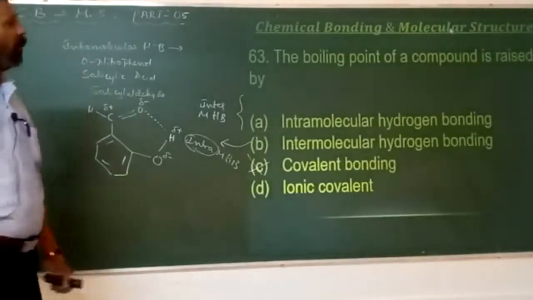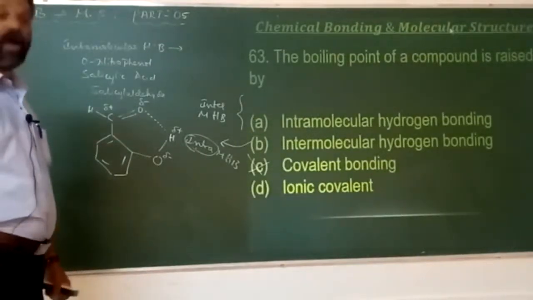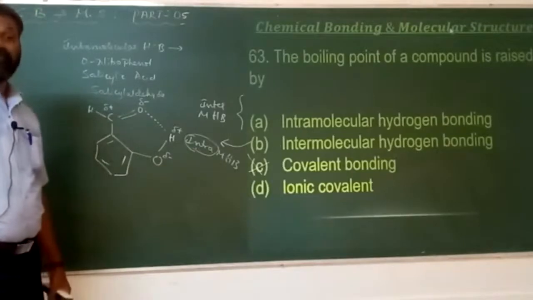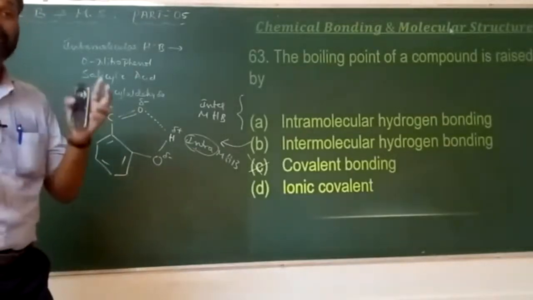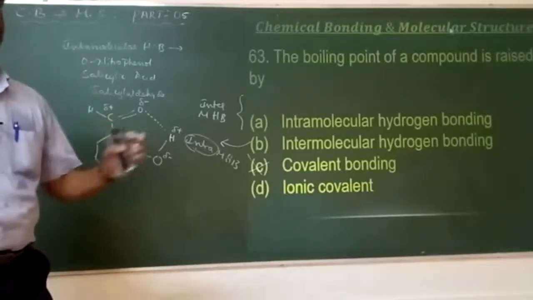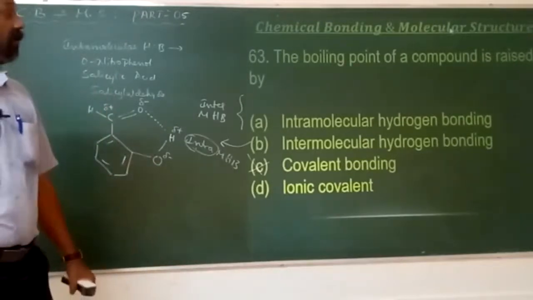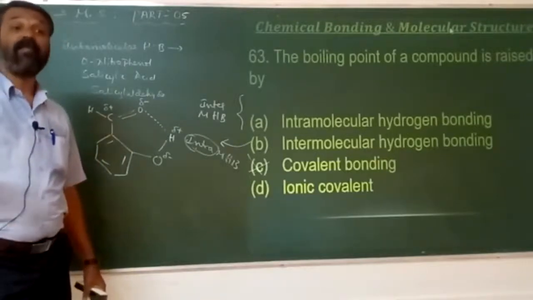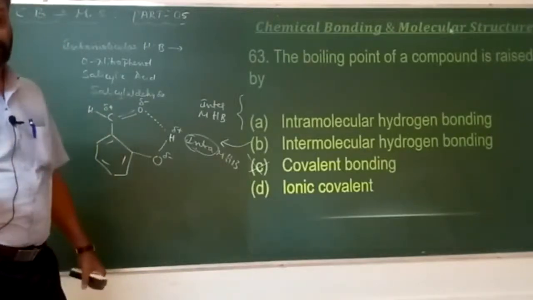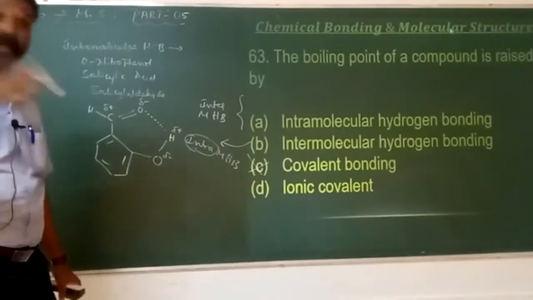The boiling point of a compound is raised how? Boiling point means during heating, the molecules have to separate. That is the boiling point nature. Either there may be a presence of weak van der Waals interaction or sometimes strong hydrogen bonding. It is not the intra, it is only the inter.